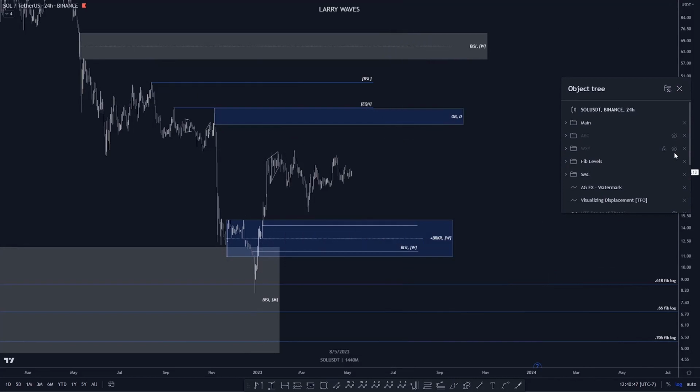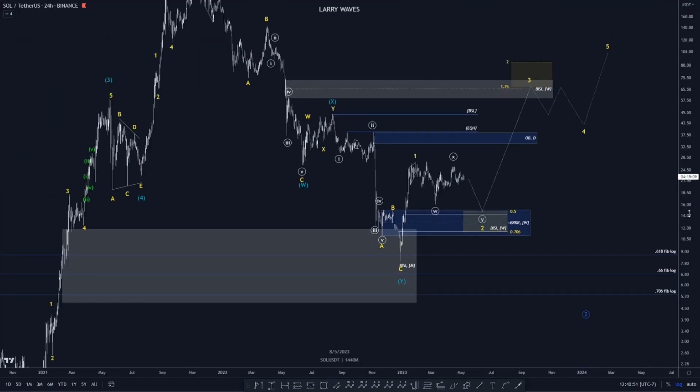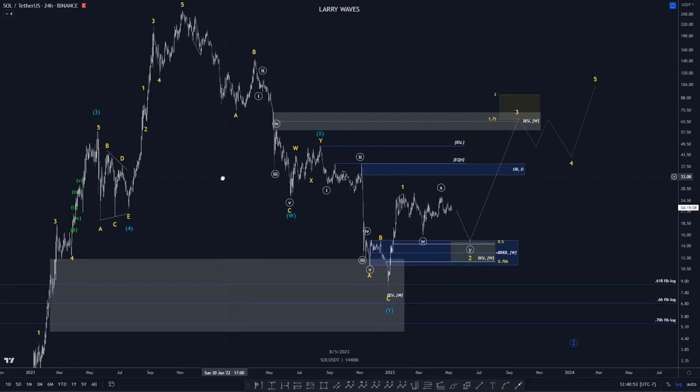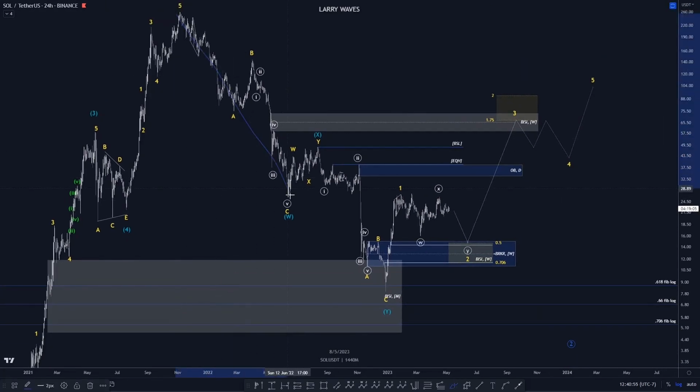If we have completed the correction, we can say this is a WXY, like on most of our accounts. W, X, and a Y. It did hit the 618 beautifully, basically pinged it and immediately bounced off it with a strong 5 waves off the low. And when you see a new low made and 5 waves off the low, it's a very strong indication that this is a wave 1 and that was a market bottom.